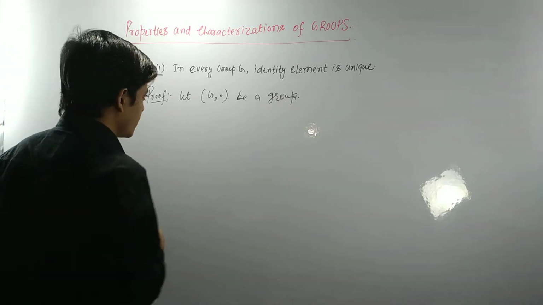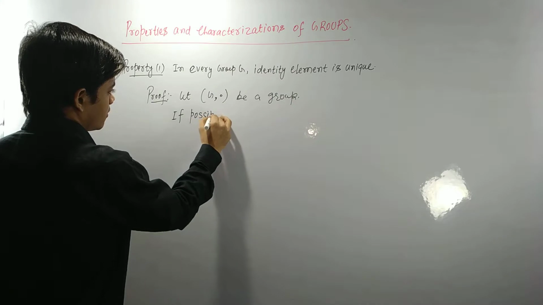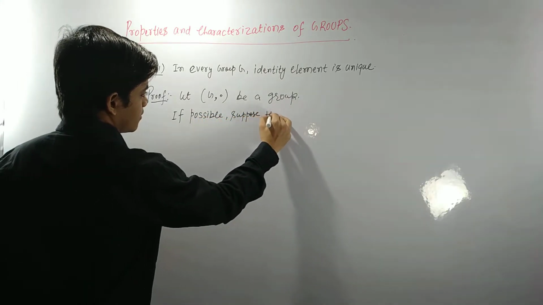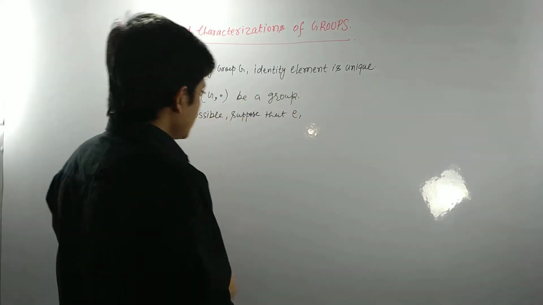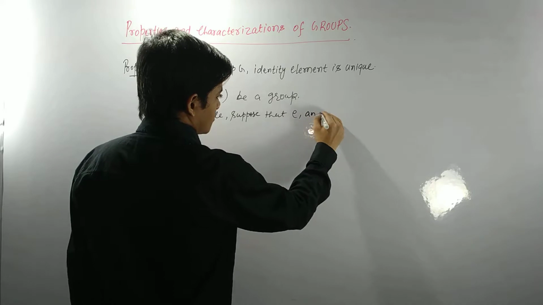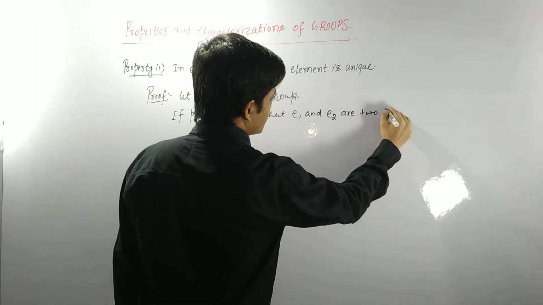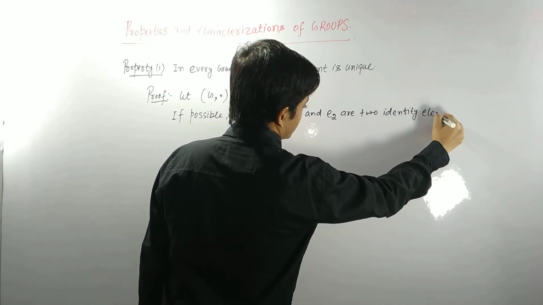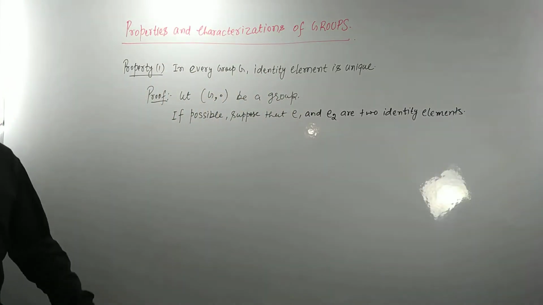But if possible, suppose that E1 and E2 are two identity elements. Okay, we have taken two identity elements.